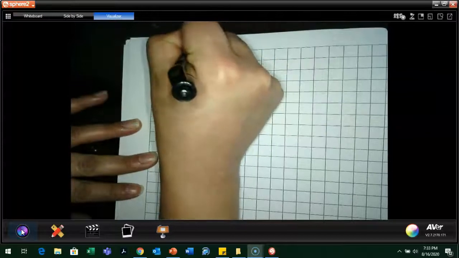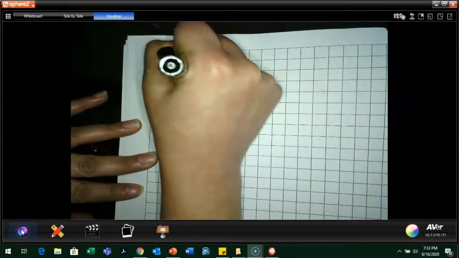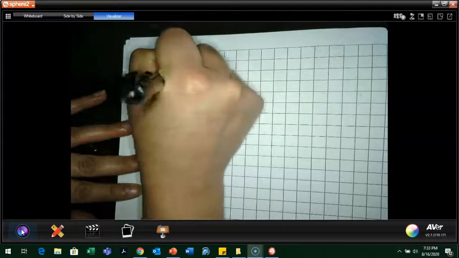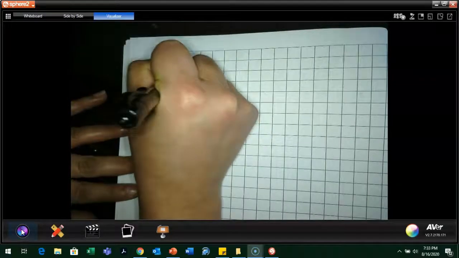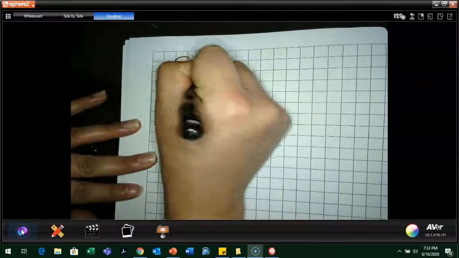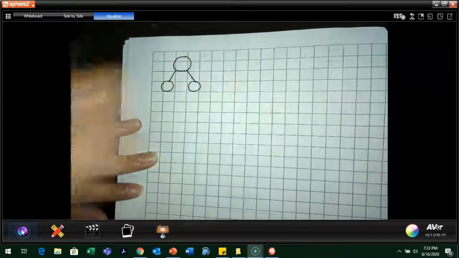Remember, you draw a number bond by making a big circle and 2 smaller circles. I'm going to wait for everybody to be done. 10, 9, 8, 7, 6, 5, 4, 3, 2, 1, and 0.